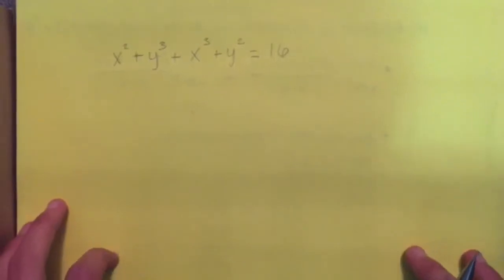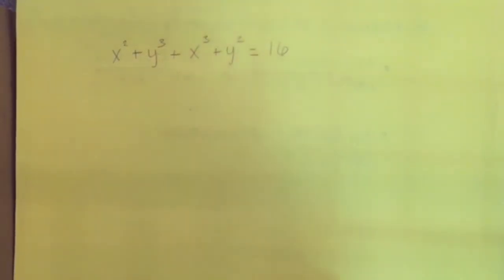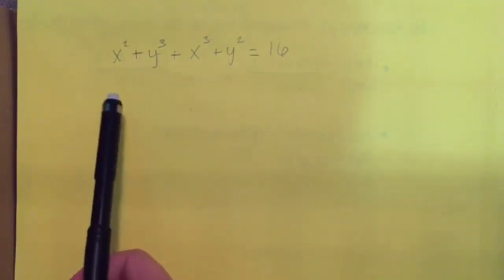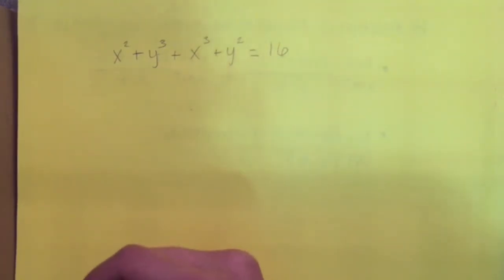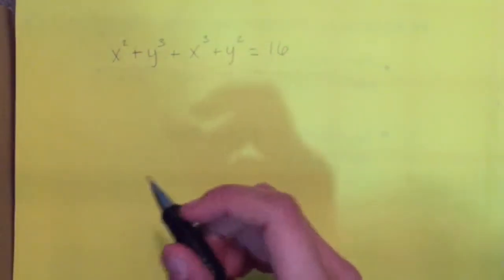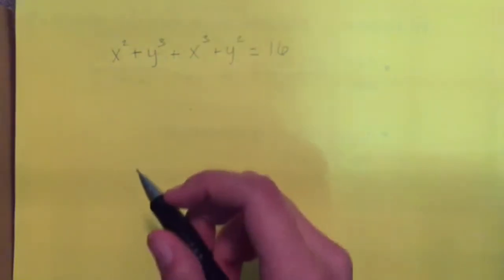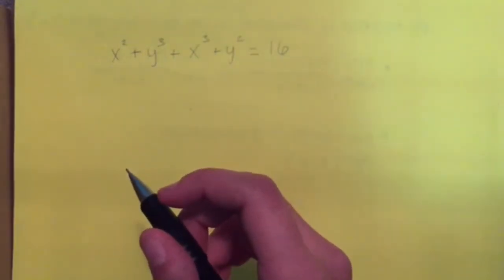Okay, so here's our first example. You would have to use implicit differentiation here because it'd just be too difficult to solve for y explicitly. So the first step is to differentiate both sides of the equation.